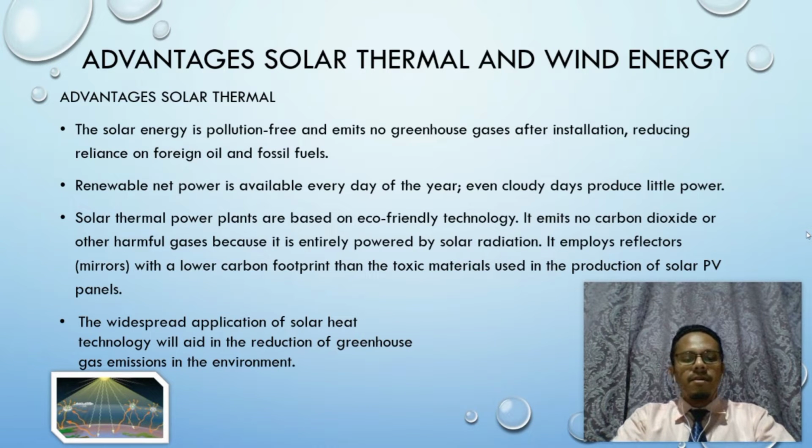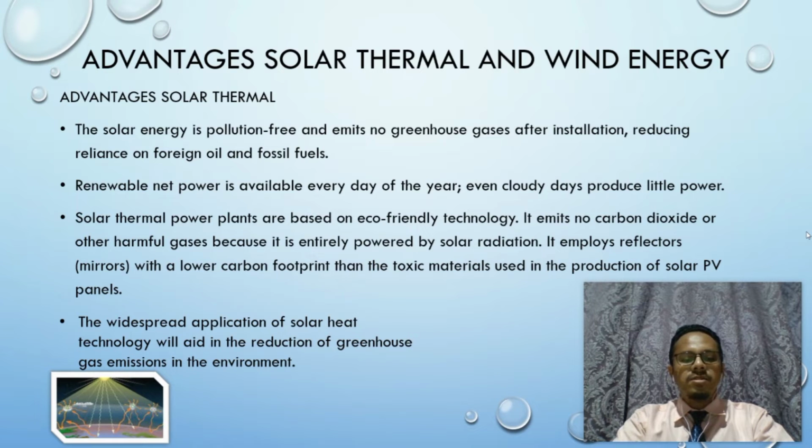In terms of management, solar thermal power plants are more efficient. Parabolic reflectors, unlike PV systems, are programmed to track the movement of the sun. As a result, they can be installed anywhere and still generate enough electricity to meet home needs.